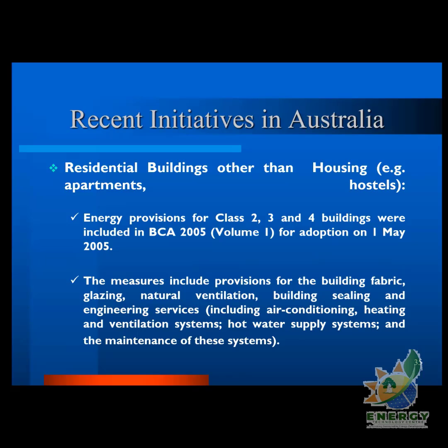Now, for residential buildings other than housing, for example apartments, energy provisions for class 2, 3, and 4 buildings were included in the Building Code 2005 for adoption in May 2005. The measures include provisions for the building fabric, glazing, natural ventilation, building sealing, and engineering services, and so on.